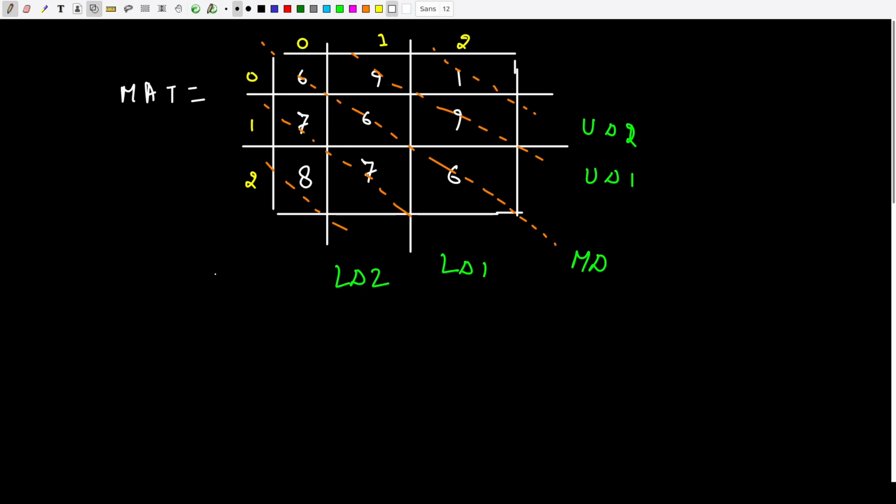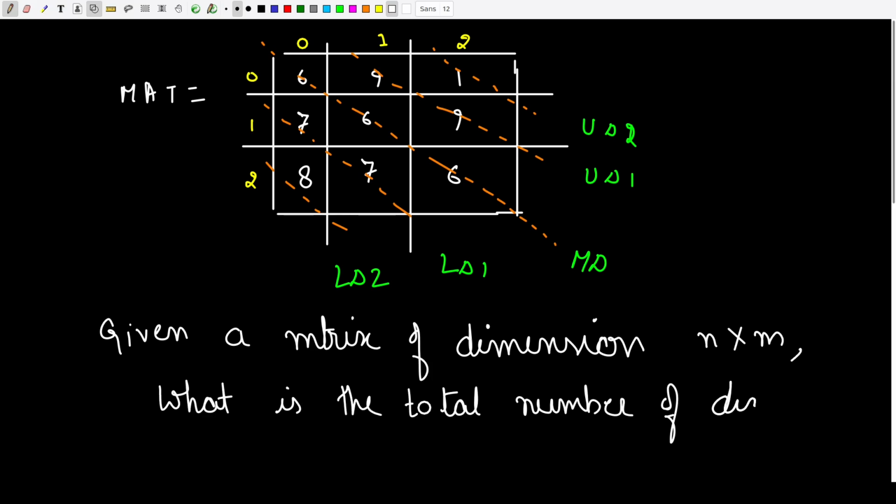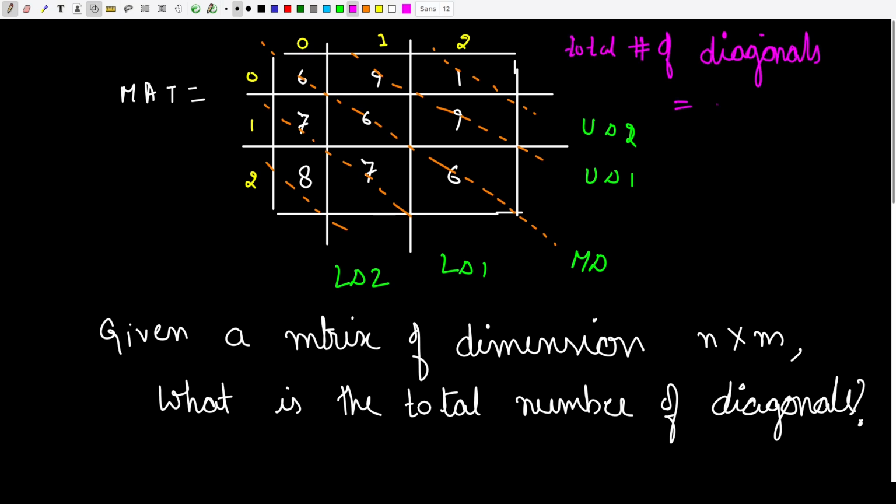So first thing which we need to understand is, given a matrix of dimension n by m, what is the total number of diagonals? So let us answer this question. So the total number of diagonals will be equal to one middle diagonal plus the number of upper diagonals and the number of lower diagonals. Now let us see how many lower diagonals are possible.